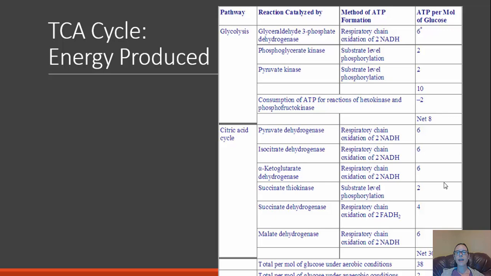Okay, so here we have an account of all of the energy produced. I find this very helpful to say, okay, what are we doing?